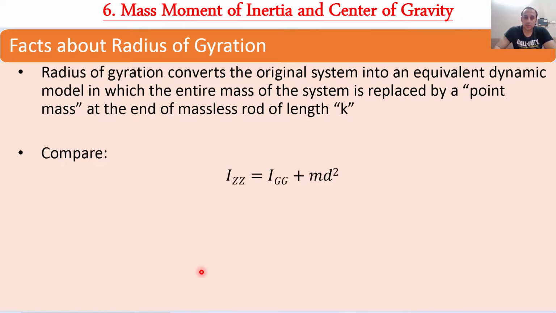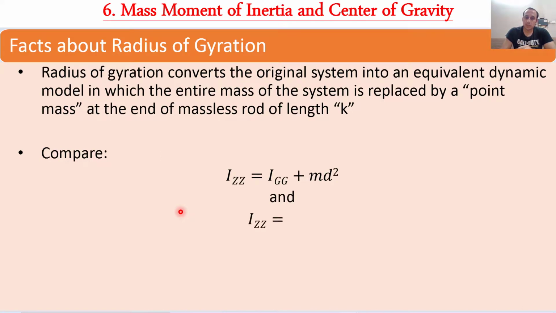We know that Izz is equal to Igg plus m d squared, because Igg is the mass moment of inertia of a part with respect to the axis passing through the CG, and Izz is the mass moment of inertia of the part with reference to the axis of interest ZZ, which is not passing through the CG. Here m is the mass of the body or part, and d is the perpendicular distance between the two axes ZZ and GG.